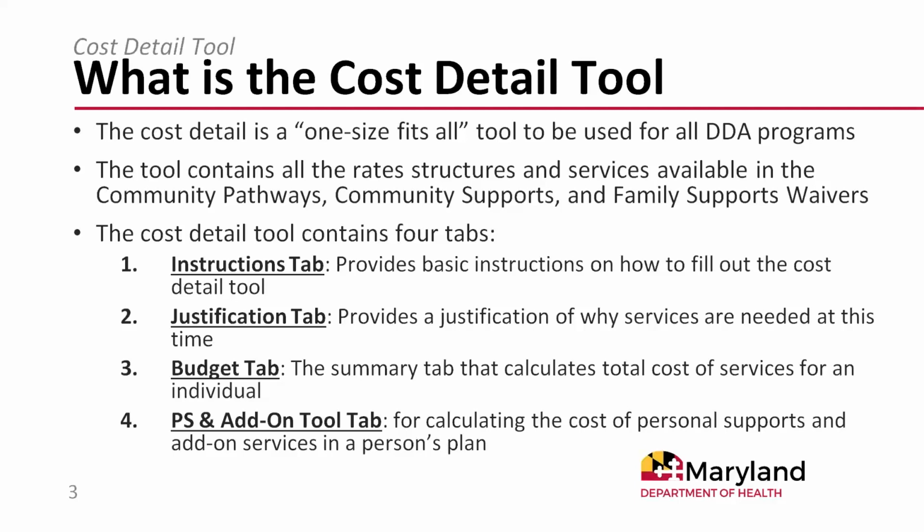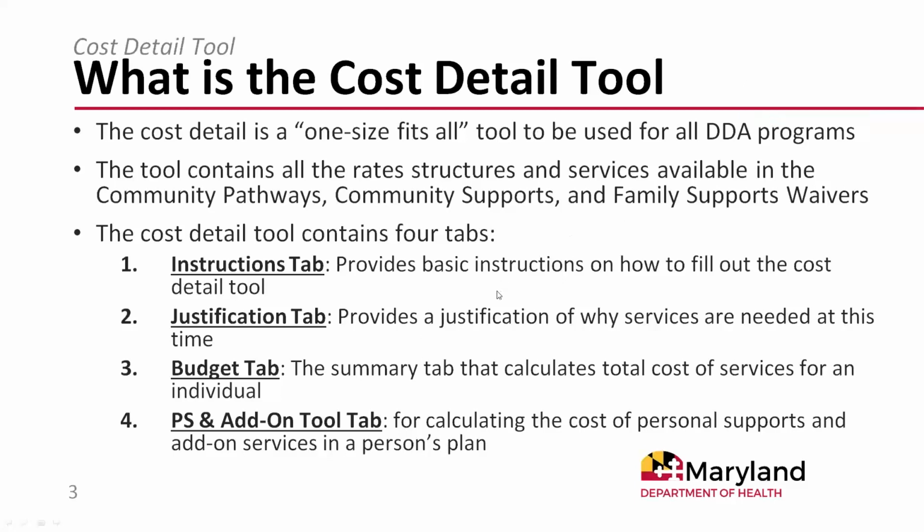The Cost Detail Tool contains 4 tabs: an Instruction tab, which provides basic information on how to complete the tool; the Justification tab, which is where we want you to include the justification of why the services are needed at this time; the Budget tabs, which will help us calculate how much the service will cost; and the Personal Support and Add-on Tool tab for calculating the cost of personal supports and add-on services in a person's plan. At this time, I'd like to turn it over to Ron Peel.